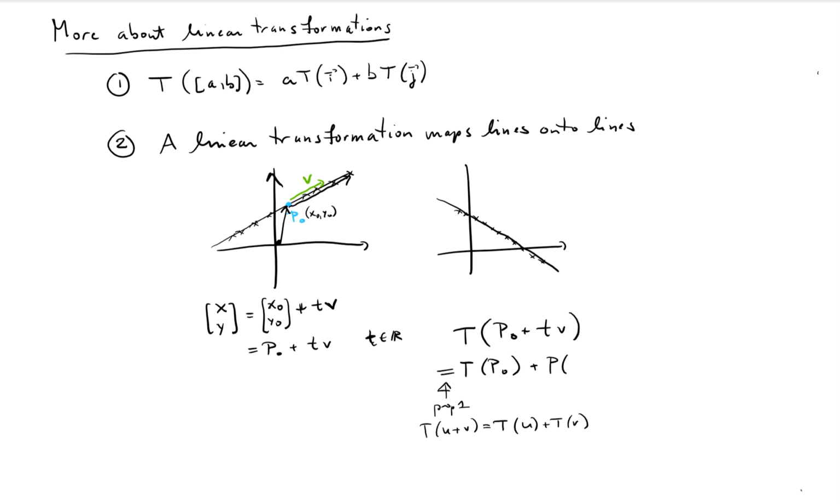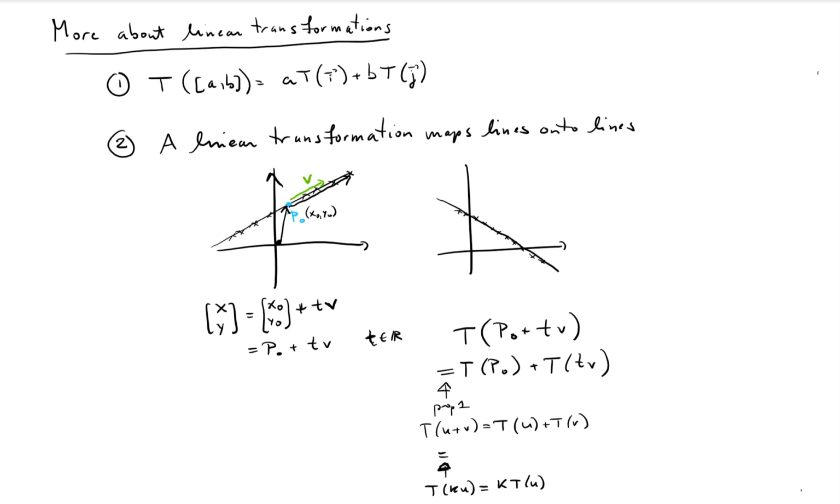Next, I can use the fact that if I've got a scalar times a vector, the image of that through the linear transformation is that scalar times the image of the vector.